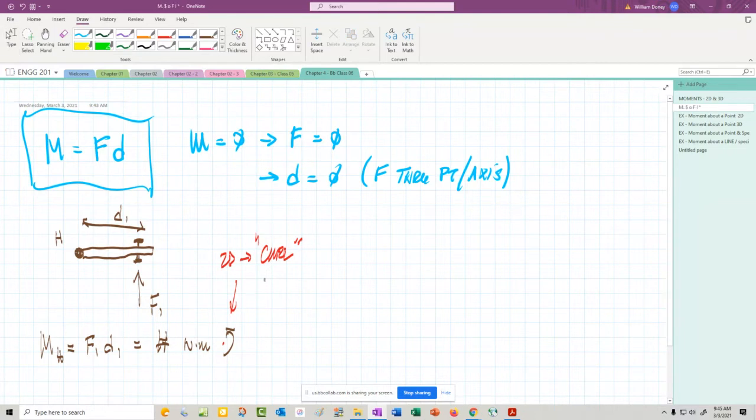That is considered a positive direction. And we're going to use our right-hand rule for the direction of the vector. So if you put an answer up there and leave it as 35 Newton meters, I would take that as counterclockwise.